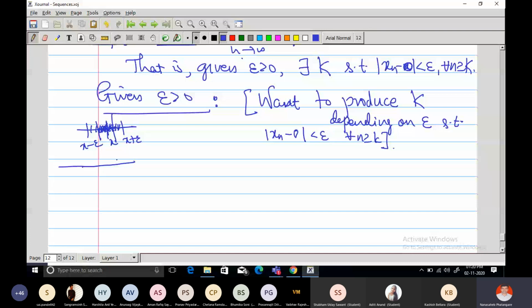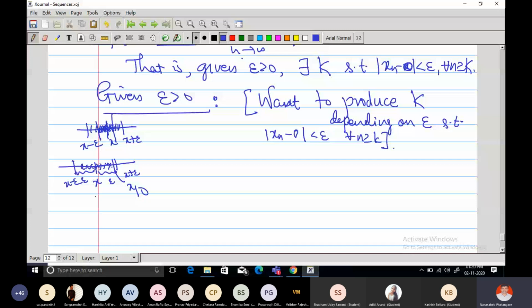Right. Because if you give me some epsilon, this distance, the same distance on this side, this is x minus epsilon, this is x plus epsilon. Suppose this is x10. After 10 onwards, all terms are in this range, suppose. And my epsilon is suppose 1 upon 25. For this epsilon I have k equal to 10 and onwards all terms are in this range.